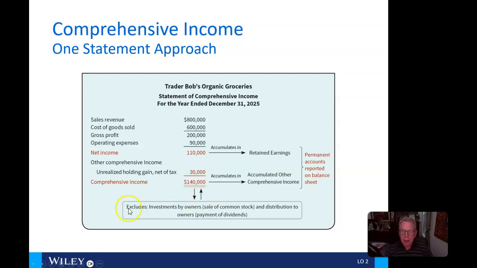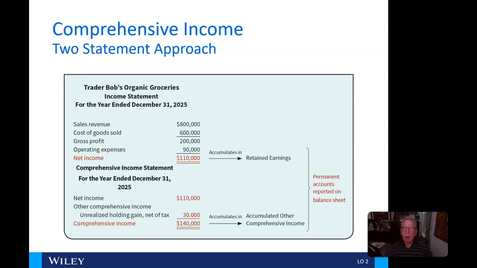Again, it excludes investments by owners, that's where we sell and purchase common stock, or distributions to owners, payments of dividends, etc. Now, the two-statement approach: we have our net income again here, but for a separate statement, we start with this $110,000 and we back out our other comprehensive income, in this case, unrealized holding gain after tax of $30,000.